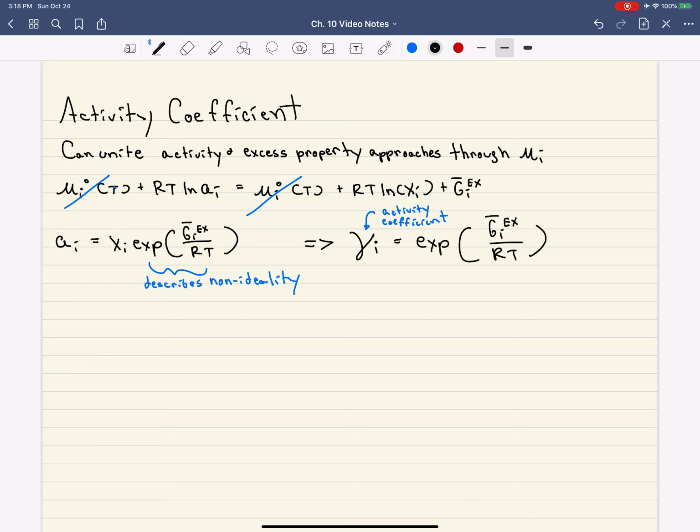And so it's through this activity coefficient that we account for non-idealities in our mixture. We could also rearrange the equation equivalently. We could say that our partial molar Gibbs excess is going to be equal to RT ln of gamma sub i.